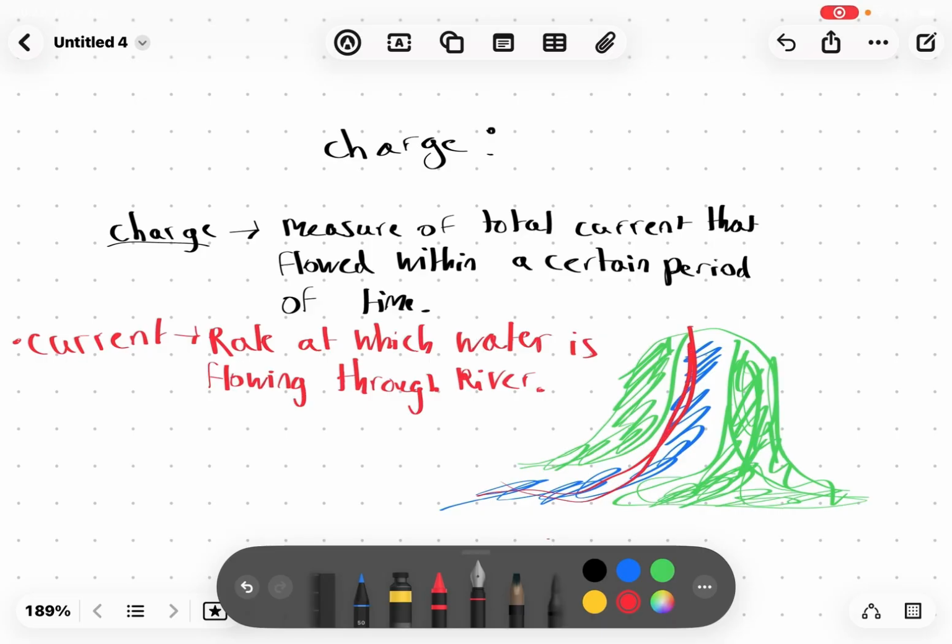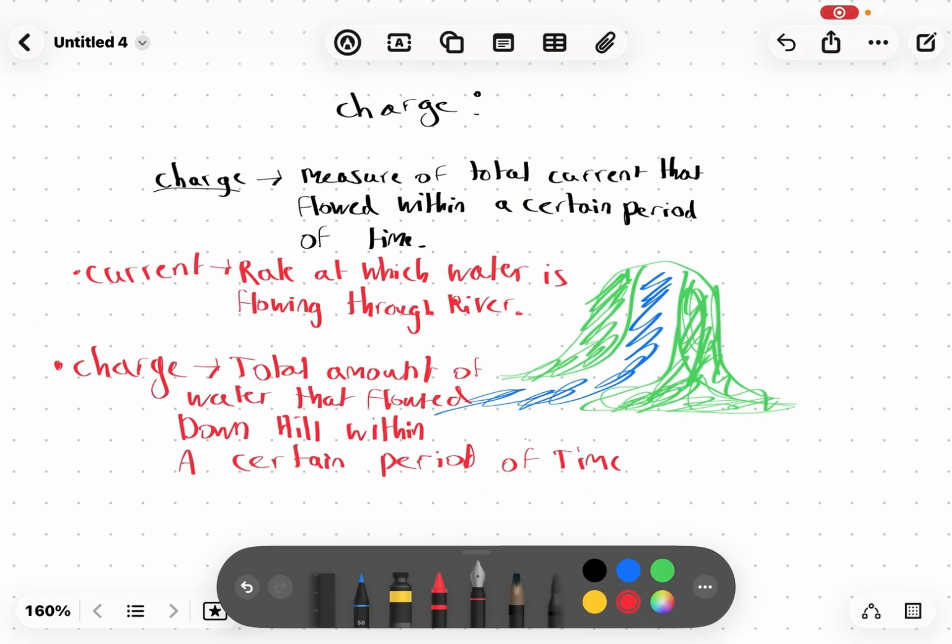Current is how fast it's flowing. However, the charge would be the total amount of water that would flow down within a certain time limit.